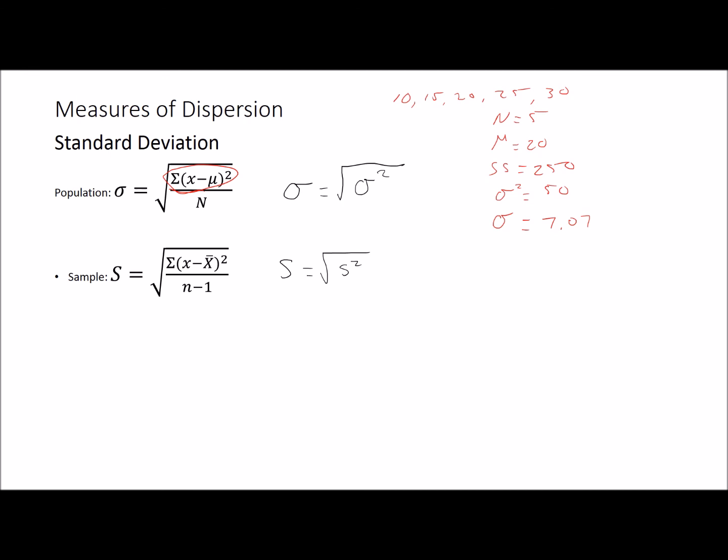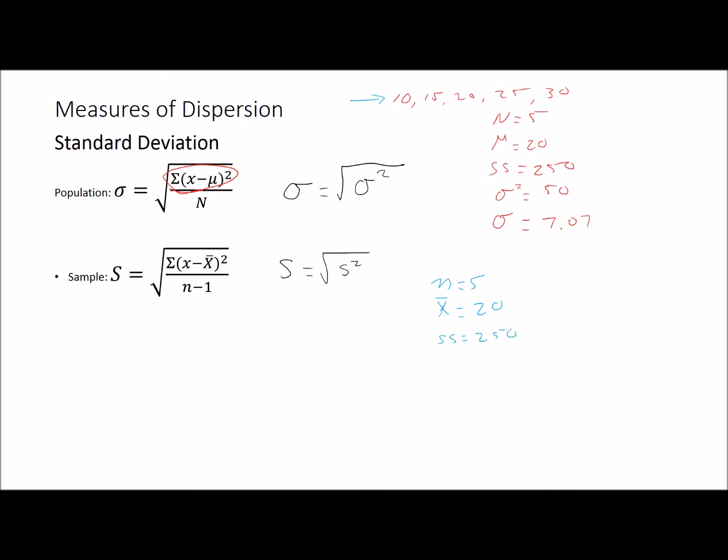And if we go back to that data set that we had before, using the same one up in here, which we had already calculated, we would know that our n, since it's a sample, lowercase n equaling 5. Instead of mu for a mean, we'd represent that with x bar. That's an x. And that would still be 20. And our sum of squares would equal 250.